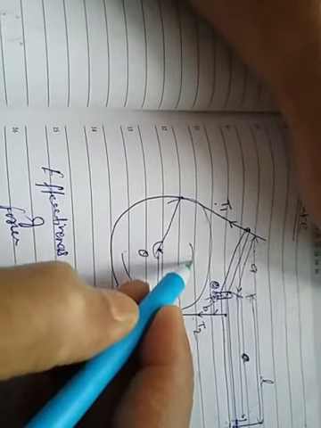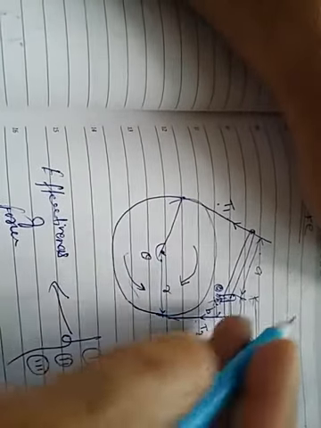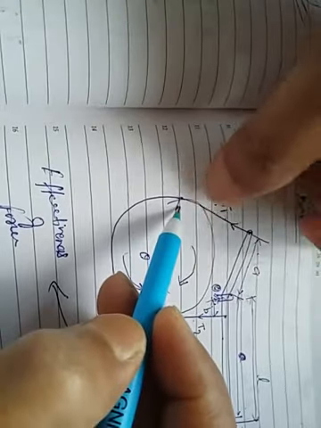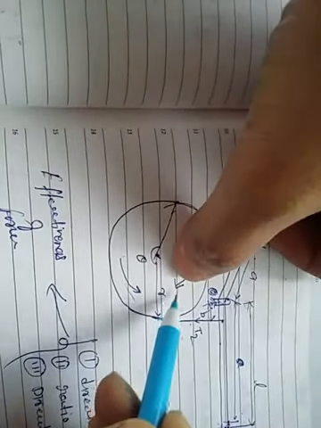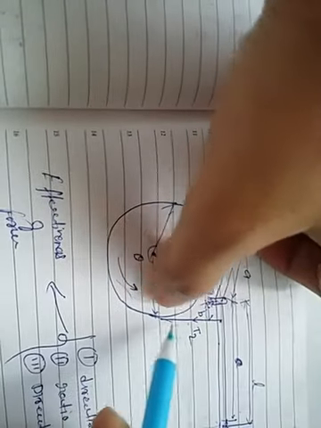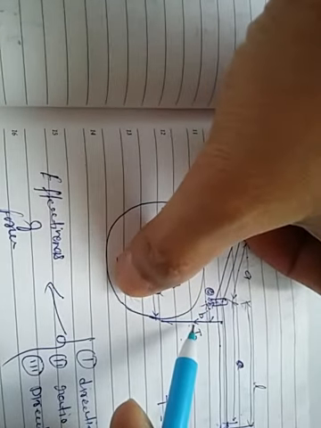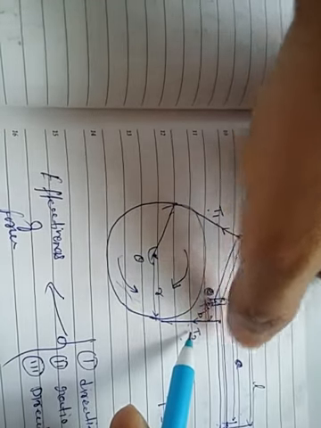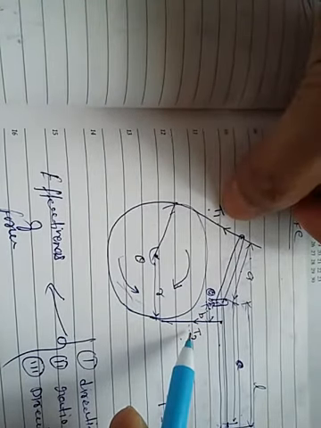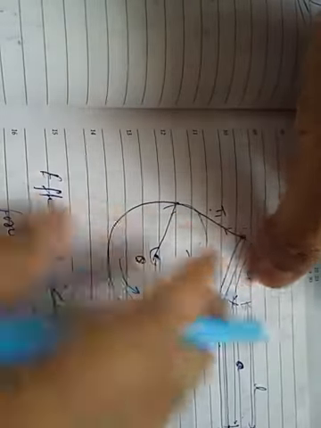Because it's a clockwise direction, this direction is parallel to this rope, but this is anti of this rope. So this belt side becomes the tight side and this becomes the loose side. So now the figure of this mechanism changed.